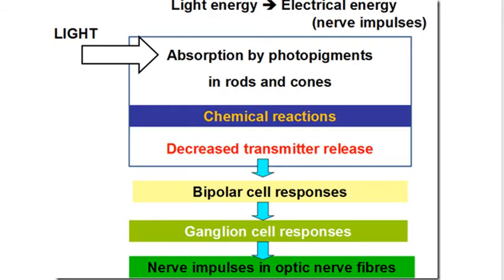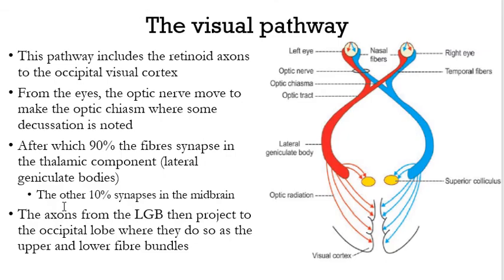What then? So the visual pathway is such that it starts from the left eye and the right eye, and it follows a very strict pathway from the left side of the eye and the right side of the eye. If we follow the left eye, we're going to find the axons coming from the left side going on to form this optic nerve.